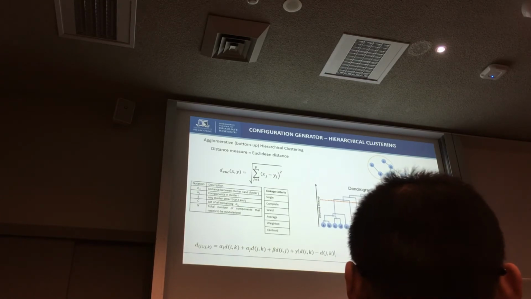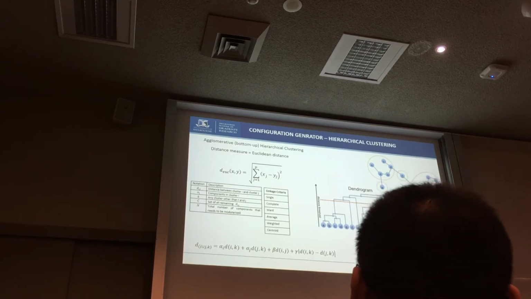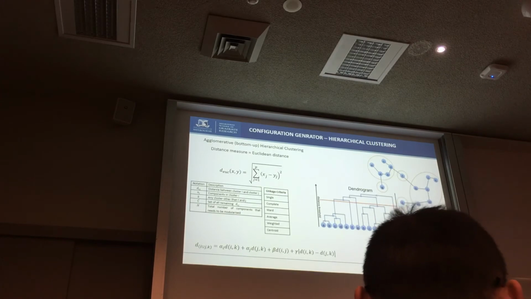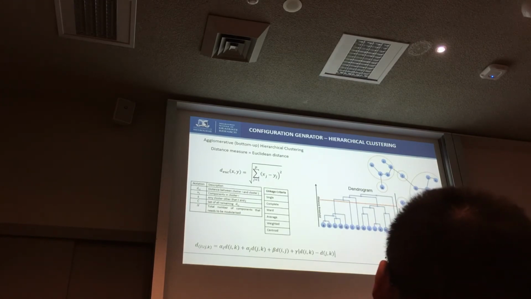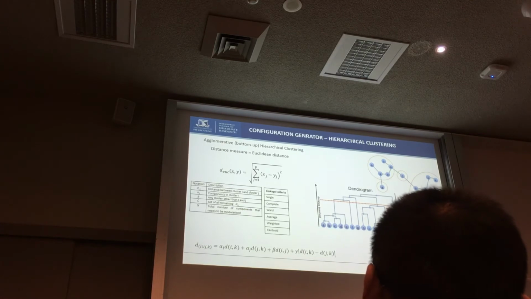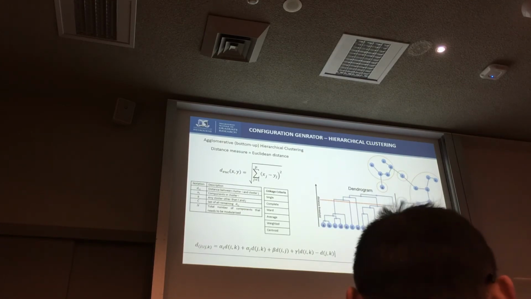The strength between 2 components, or the relationship, is measured using a distance measure, such as Euclidean distance. And there are different linkage criteria related to hierarchical clustering, which need to be tested prior to application.